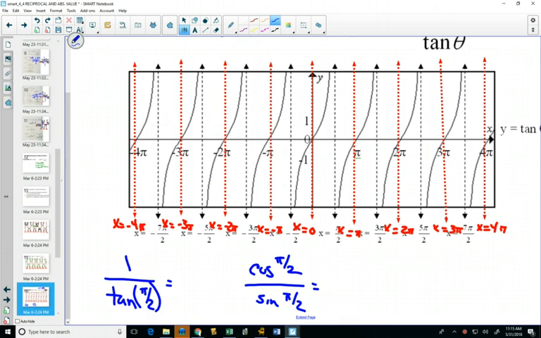This one's an error. Yes, this one is undefined, because tan of pi over 2 is undefined, that doesn't exist. And that's why if you graph this 1 over tan of theta, you would get an asymptote at y equals 0. But what happens when you do cos of pi over 2 over sine of pi over 2? You get 0.